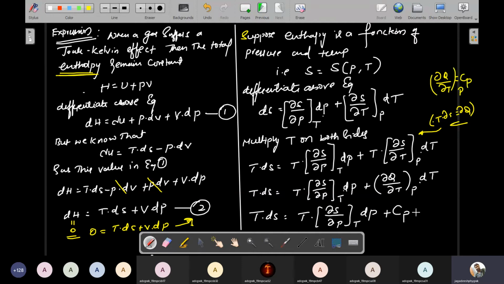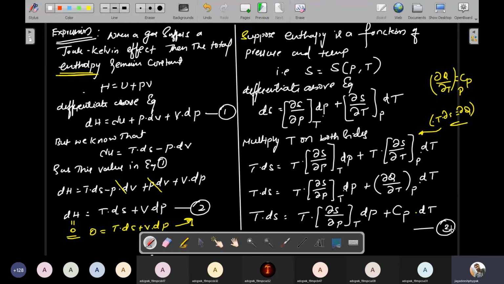So this is Cp into dT. Understand? So this is equation 3.